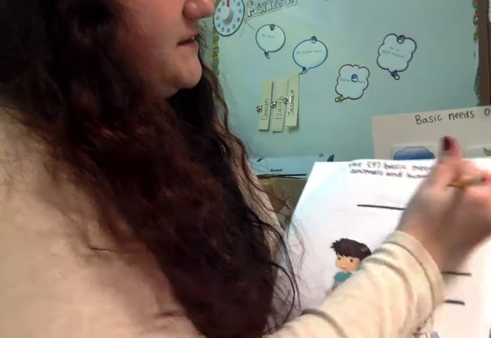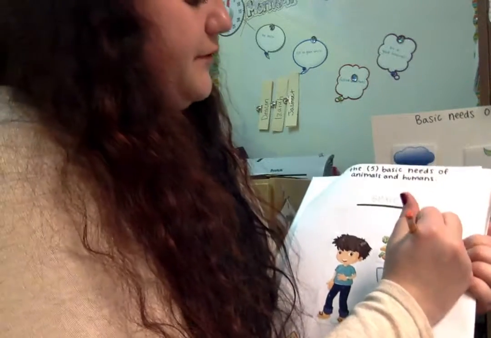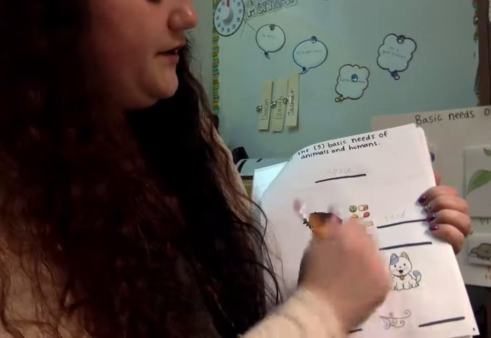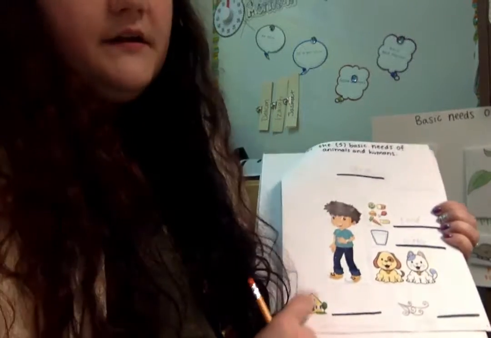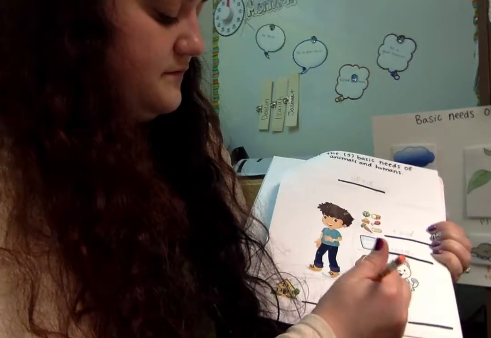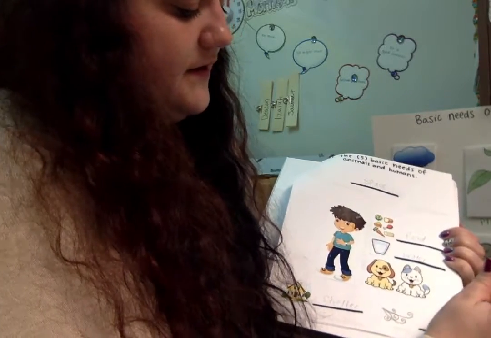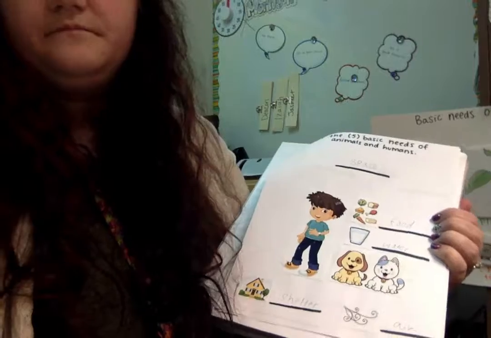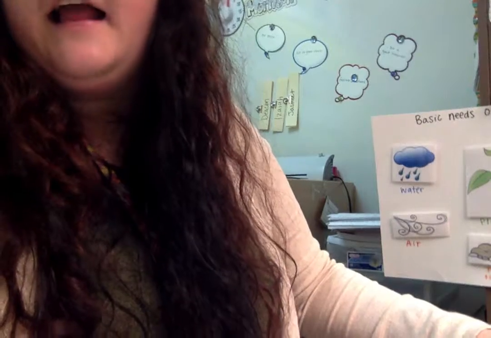We need a space to live. The second one is food. The third is water. The fourth, shelter. The 5th is air. And that completes that activity.